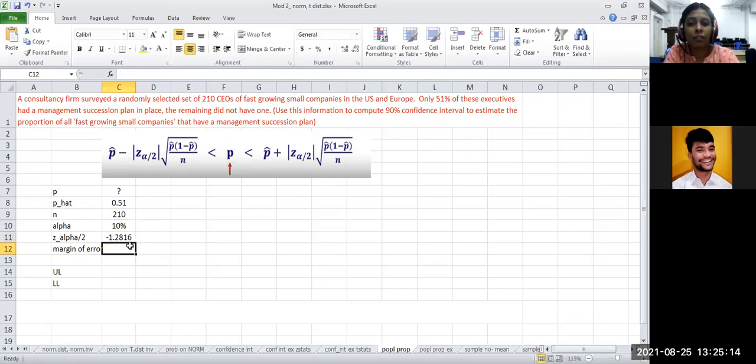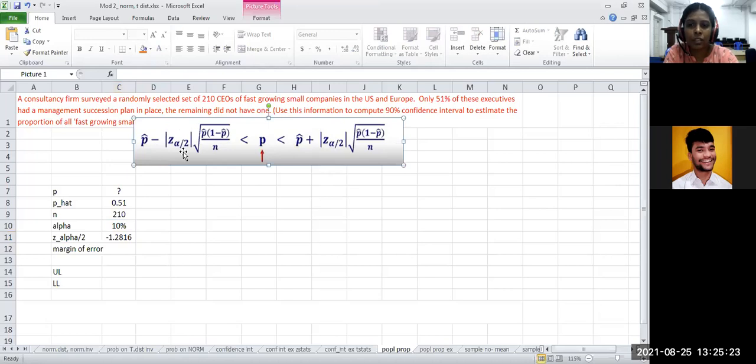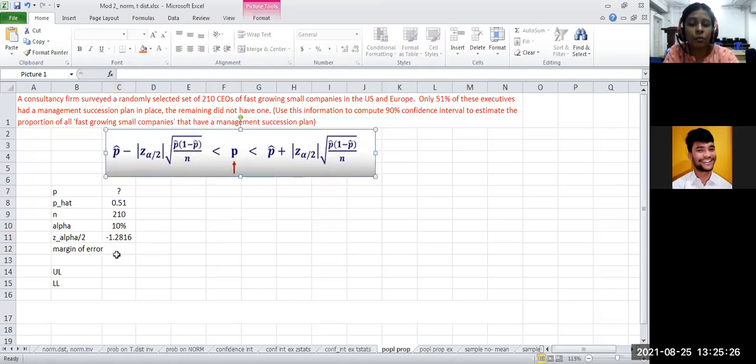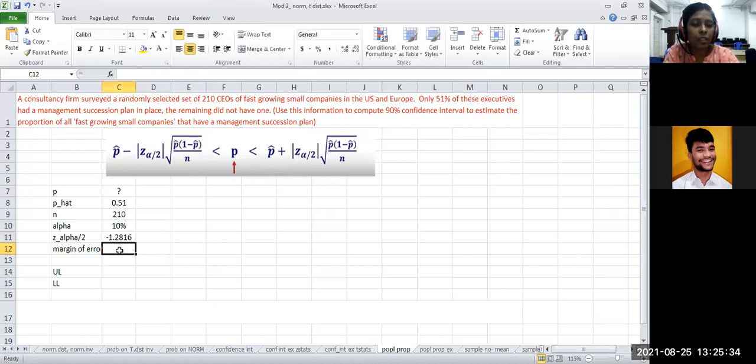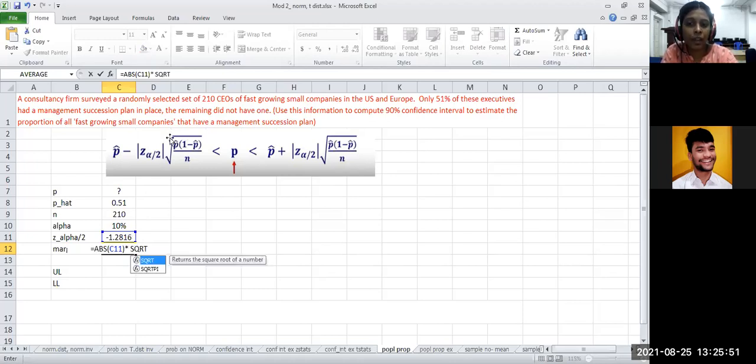This is your value. Now, I hope everyone knows that this portion is the margin of error. So whatever formula you write over here, please write it according to this particular portion. Please do not put standard deviation by square root of n. So it is the absolute of Z alpha by 2, which is this value, into the square root of p hat into 1 minus p hat by n.